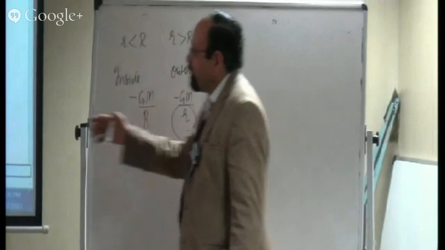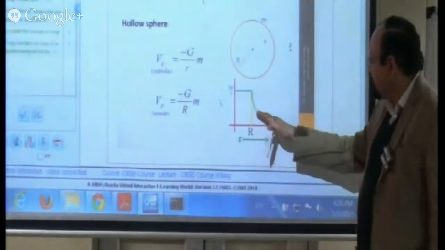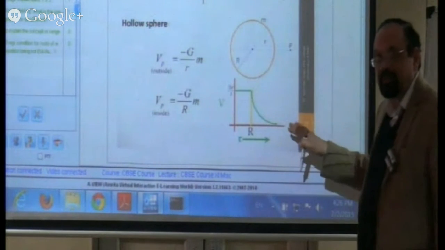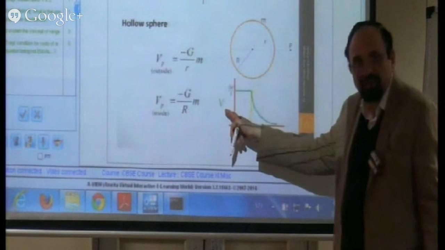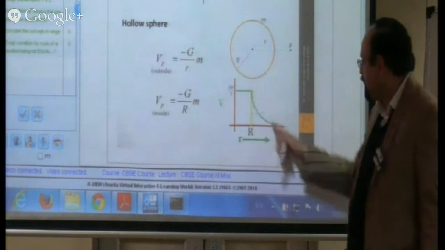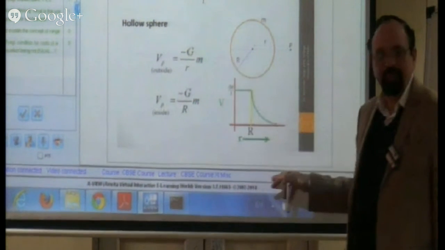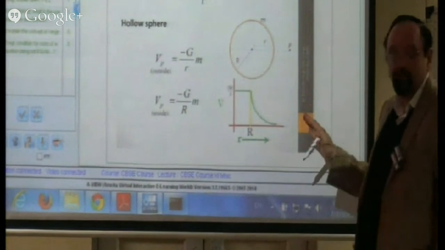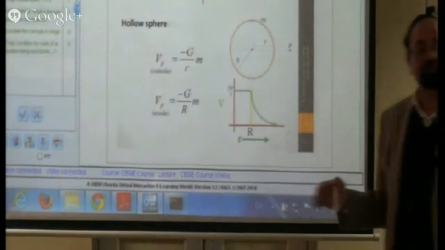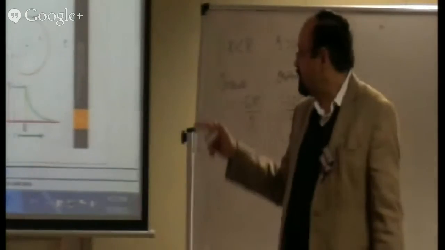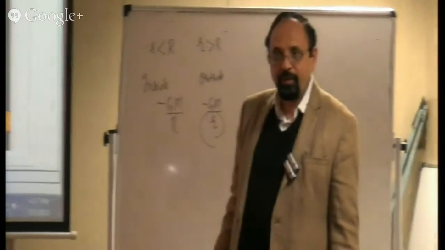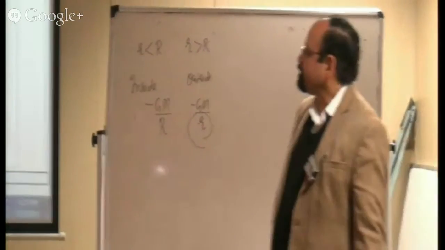If I am showing the potential with a negative sign on this axis, obviously this will keep on decreasing. In fact, this value is increasing because potential is negative, as we discussed. So this keeps on decreasing. This pattern you have to keep in mind, because we are going to use it in certain questions which are normally asked in competitive examinations. So this formula you require. Next one.